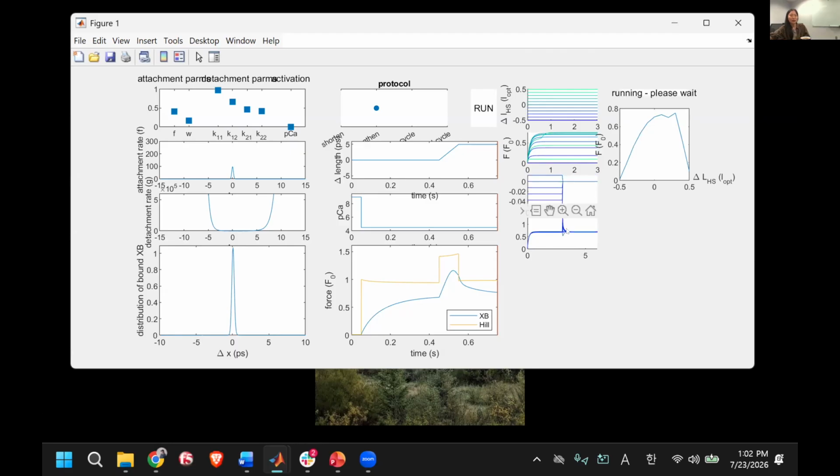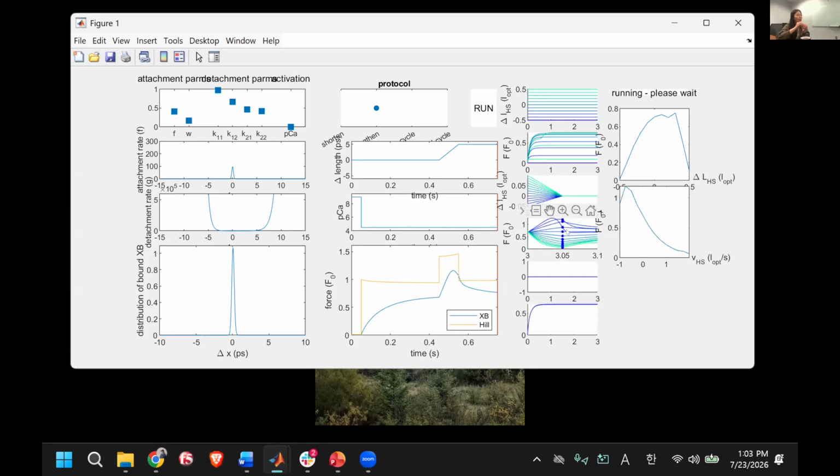But we will evaluate the force when each of the muscles is going through the same length. So for the zero velocity, we will look at the isometric force. For the lengthening cycle, we will start with a slightly shorter muscle and pull it at a constant velocity and see what the force is when it comes to the same length.